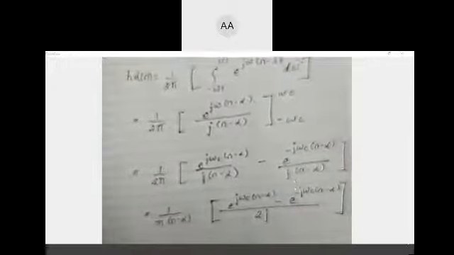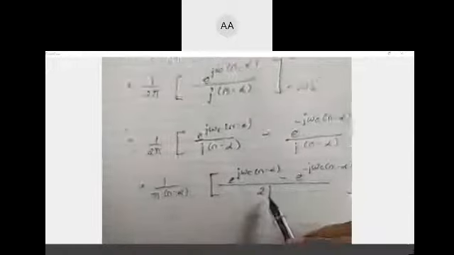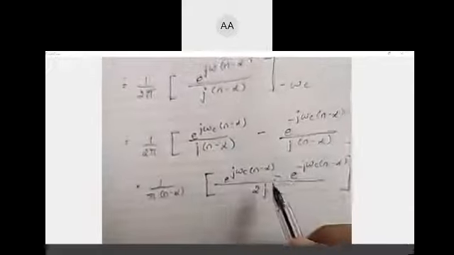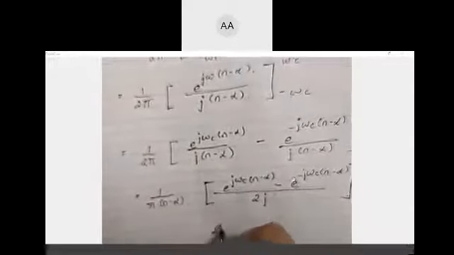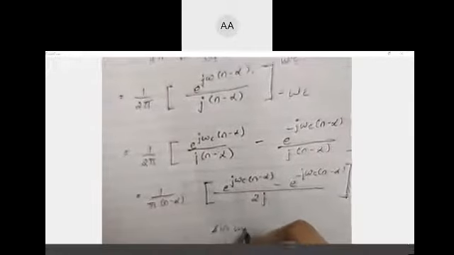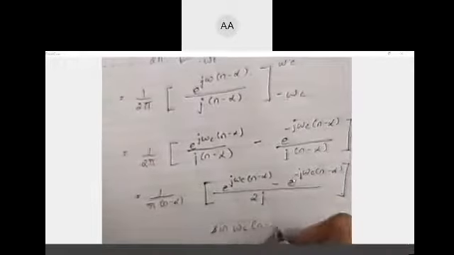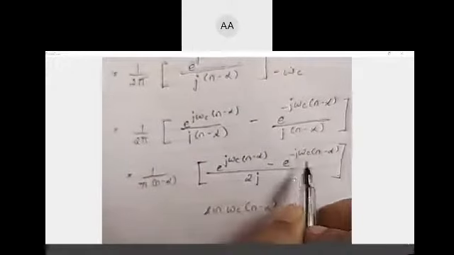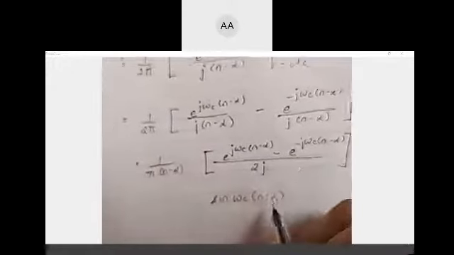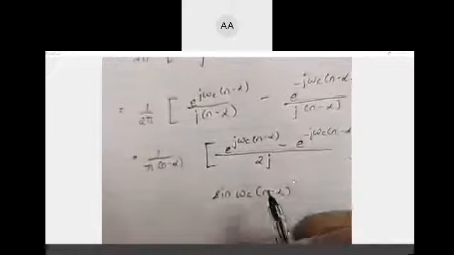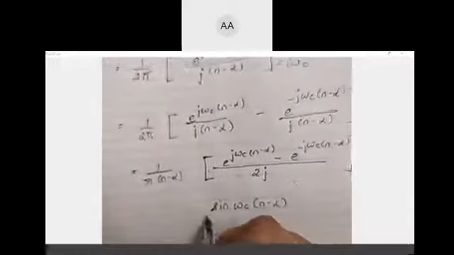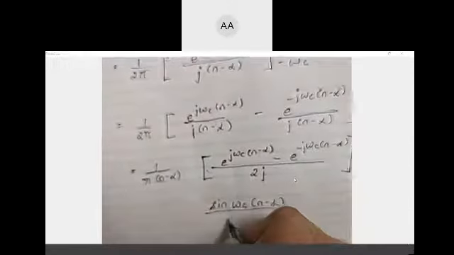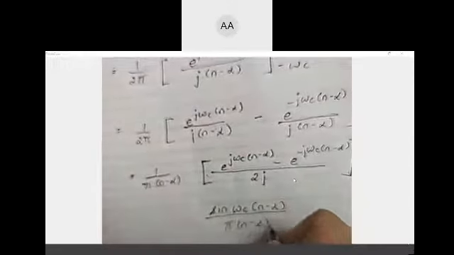All right. So what is this term? This is nothing but sine of omega c into (n minus alpha). E power j theta minus e power minus j theta by 2j is nothing but sine theta. So this whole term reduces to this divided by the denominator term, pi into (n minus alpha).